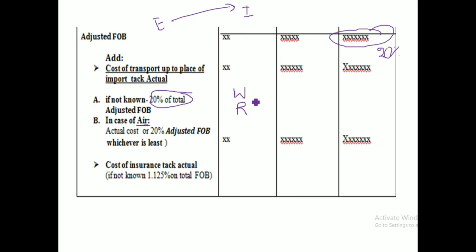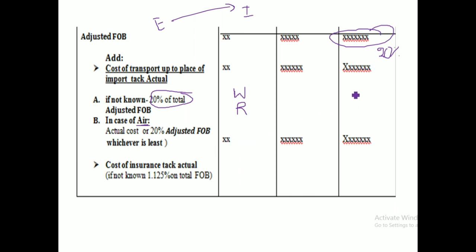If freight charges have not been given relating to water and road transportation, 20% of total adjusted FOB we just need to consider. Okay, in case of air transportation, even if the actual cost is given, actual cost or 20% of adjusted FOB, whichever is least only we'll consider here. Whatever the least amount is, that we just need to deduct here.